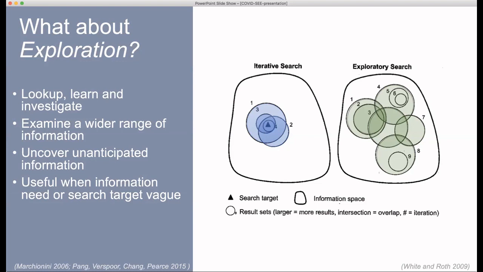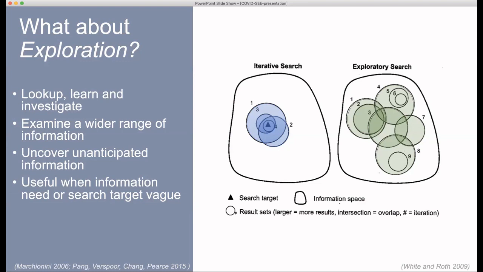And particularly when people don't quite know what they're looking for, it turns out that iterative search often is unsatisfying. It doesn't help them with their information need, because in order to write a query into a search box, you have to have a fairly specific question or information need that you're going after.